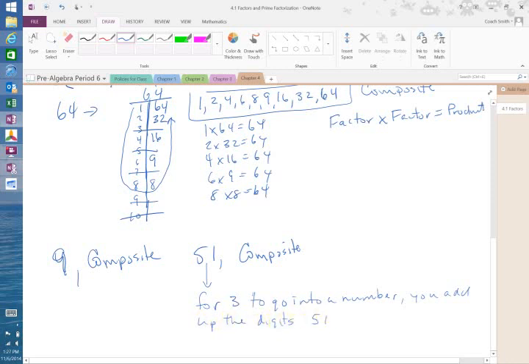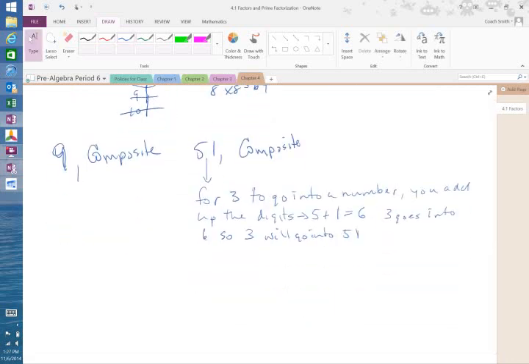So if we say 5 plus 1, 5 plus 1 would be what? Does 3 go into 6? 3 goes into 6, so 3 will go into 51. And it goes in there, 3 goes into it 17 times. Factors of 51 are 1, 3, 17, and 51. So it is composite. And I've been telling you that number is going to show up on tests, and it has been since y'all were in 6th grade.